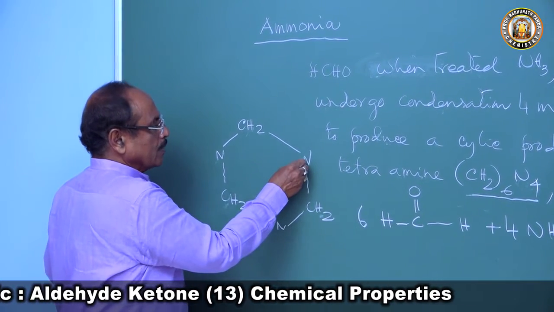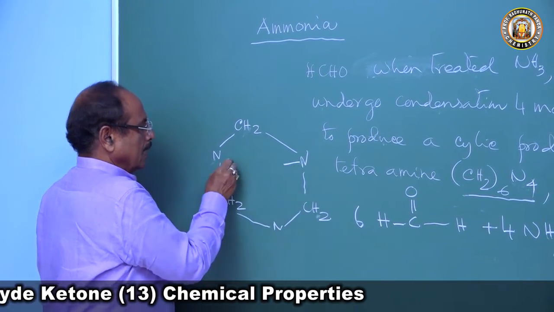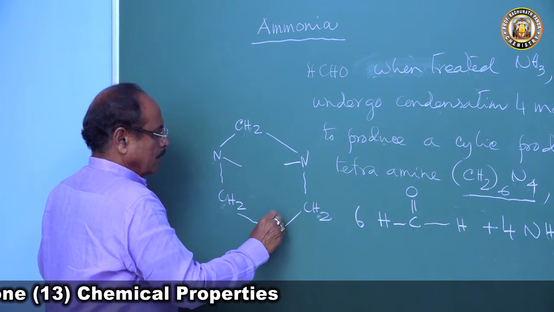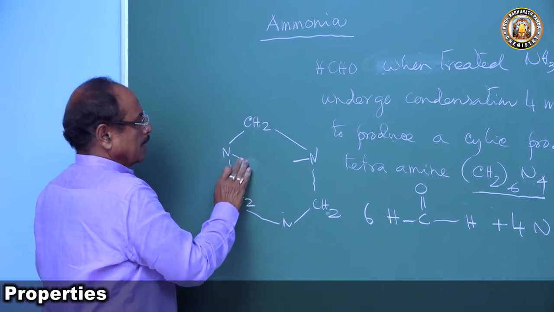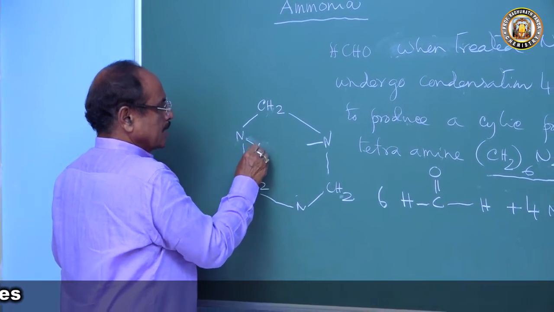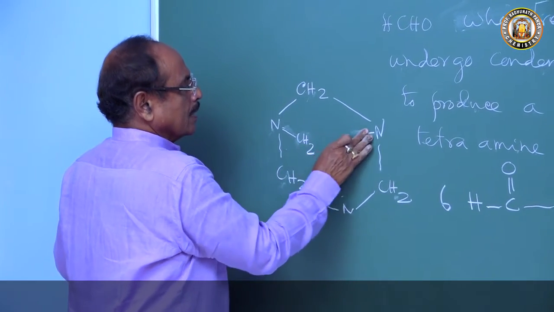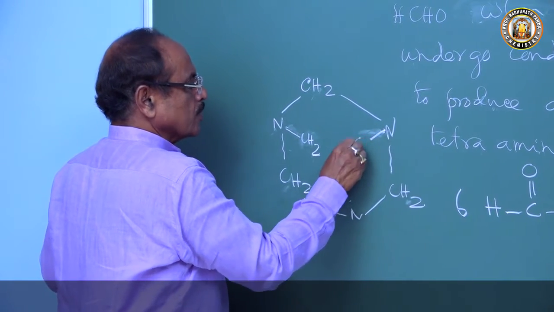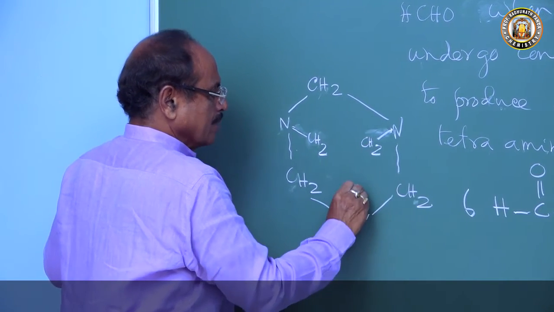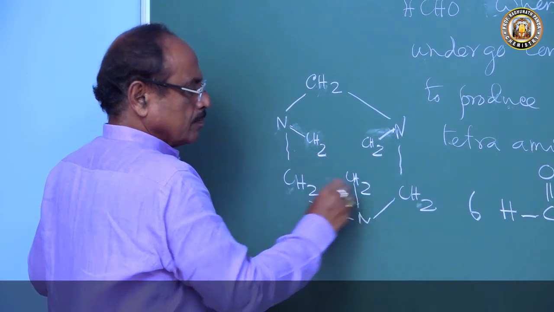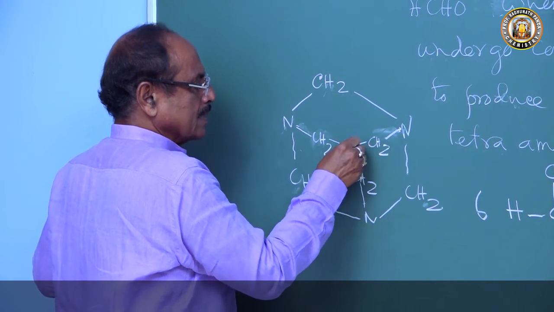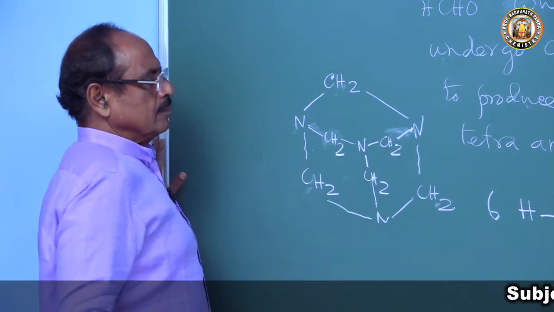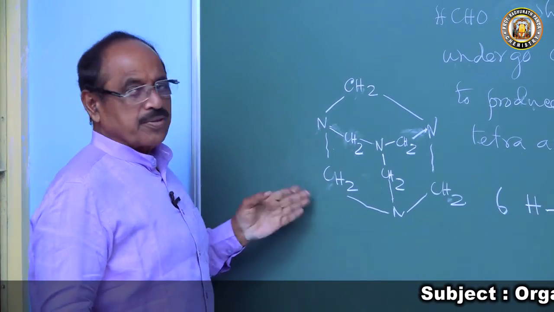So here you will have a bond, and here you will have a bond, here you will have a bond. So 3 bonds, N-CH2, then here N-CH2, then N-CH2, and write N here. So like this, hexamethylene tetraamine.